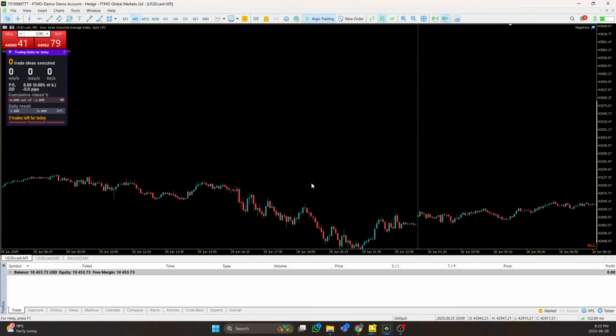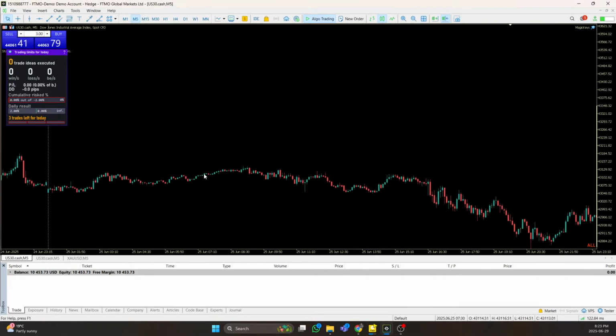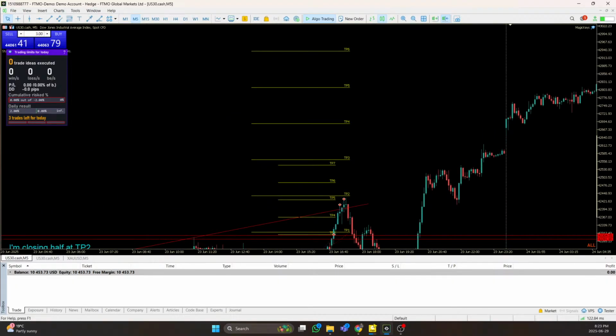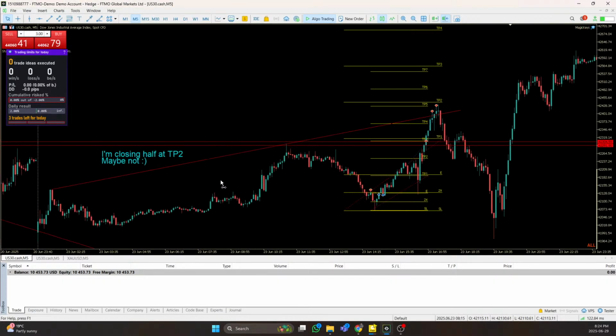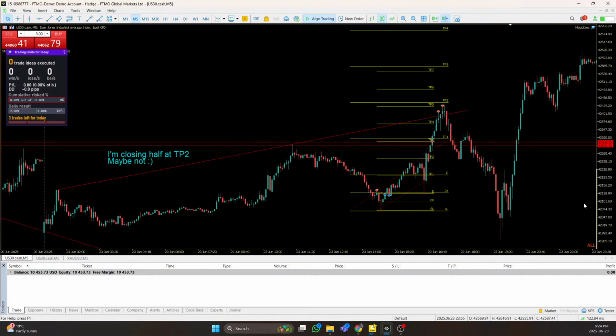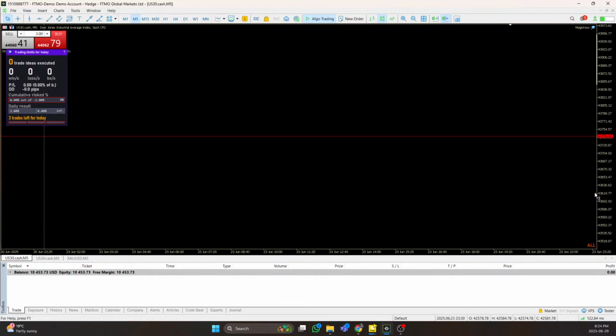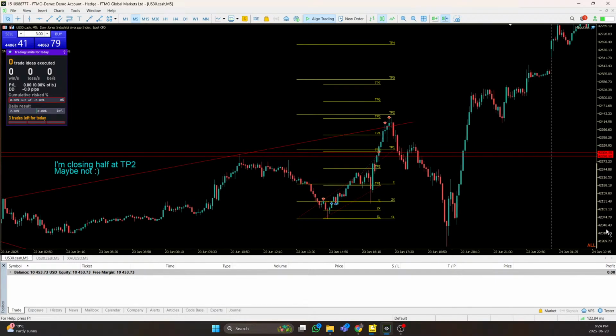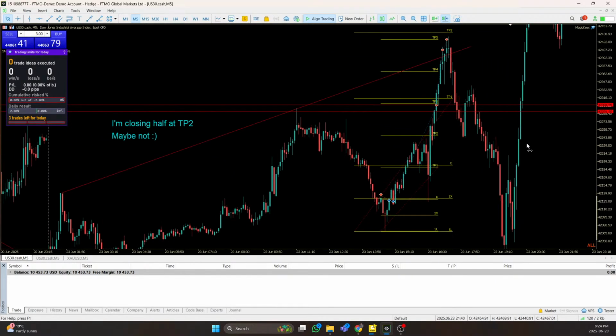Okay, let's go to the 23rd. First day of the last week is the 23rd, which I did trade. Let me zoom in a little bit.